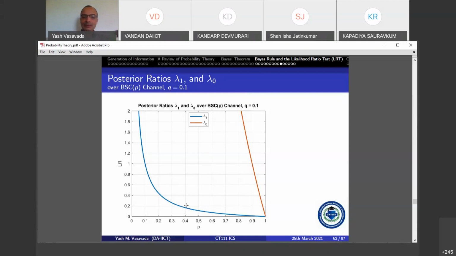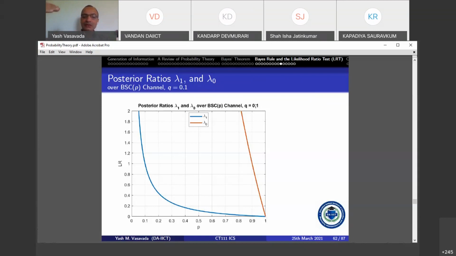Why did this happen? It's because of this q. You are assuming that the prior probability that the source is taking value 1 is very tiny. It is only 10%.